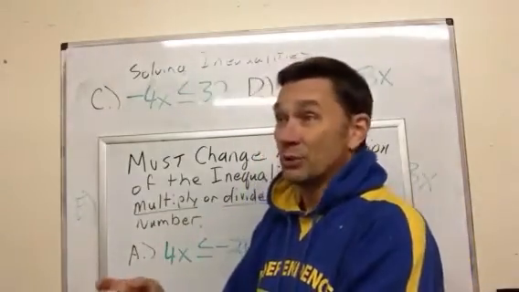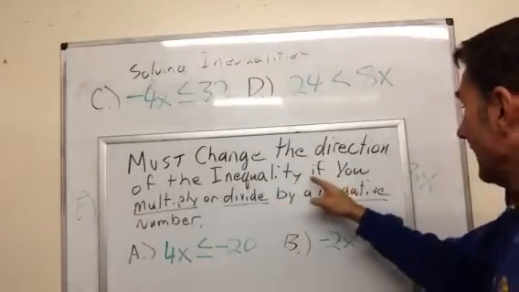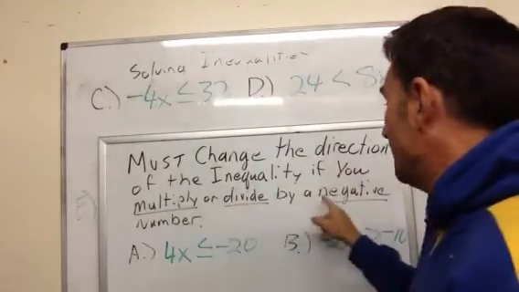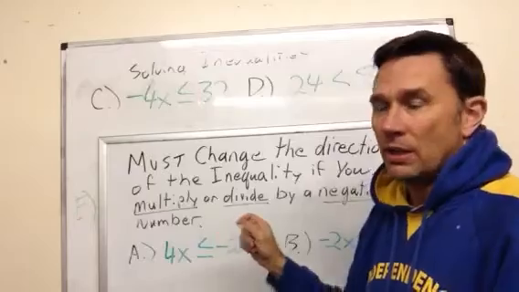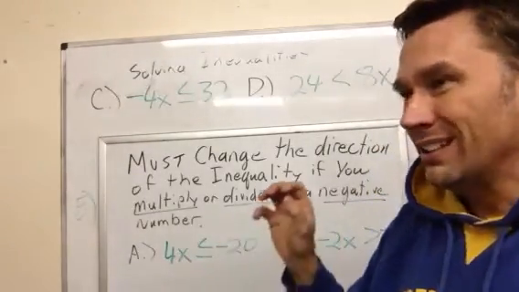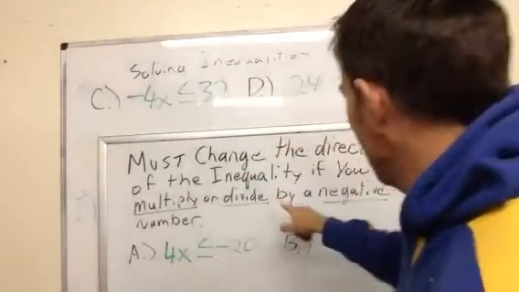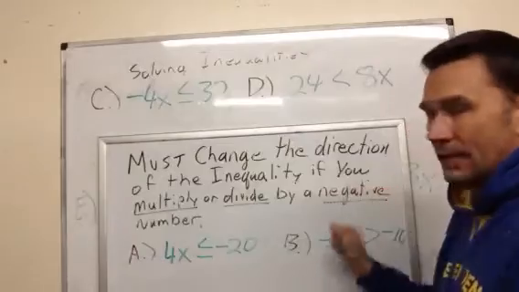If it was greater than or equal to, it becomes less than or equal to. We change the direction only if you multiply or divide by a negative number. If our answer is negative, that doesn't change anything. If we add or subtract a negative, that doesn't change anything.